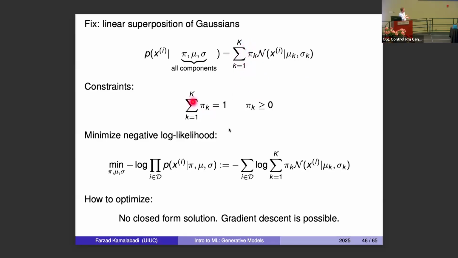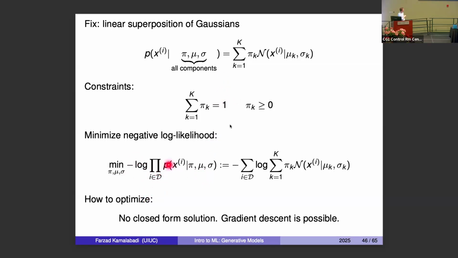Okay? So how do we solve that? Again, we want to minimize the negative log likelihood, or, as we have seen in the context of deep nets, cross entropy. That's the name of that cost if you go to PyTorch. And so we minimize with respect to these three parameters. We have a sum, now we have a product.